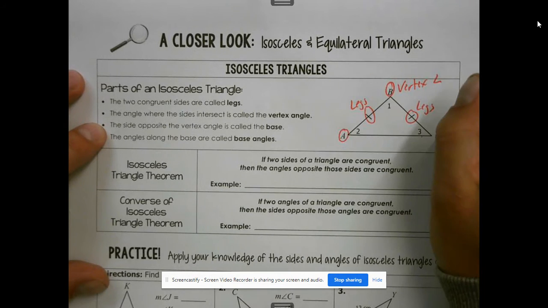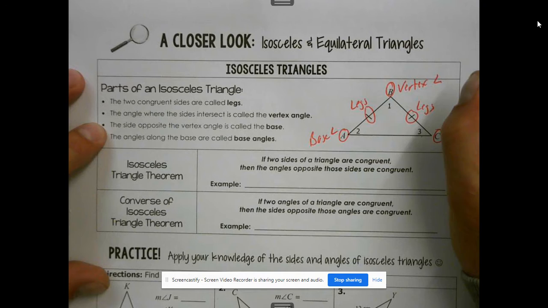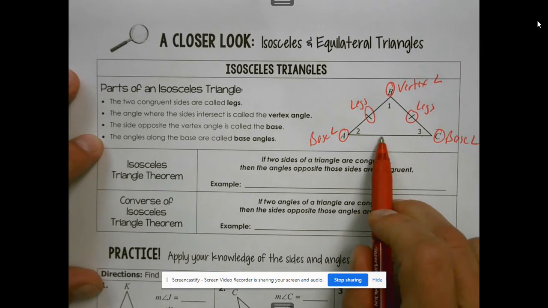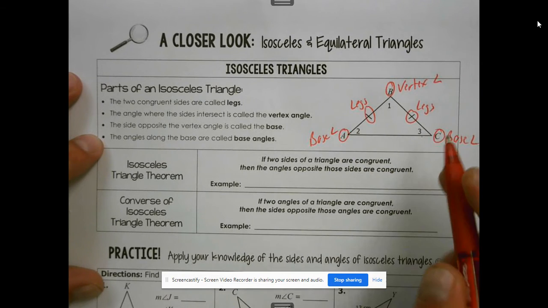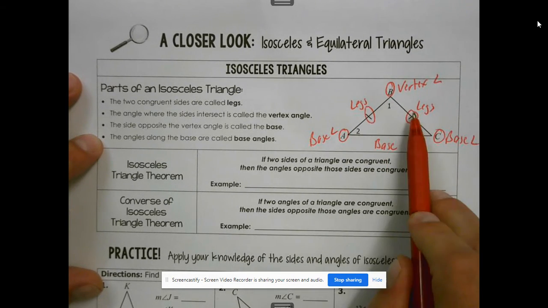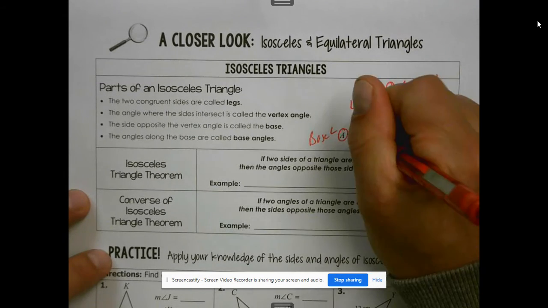So angle A, angle C, base angles. And then the segment in between the base angles is just called your base. So you've got two congruent legs, you have a base side, you have two congruent base angles.